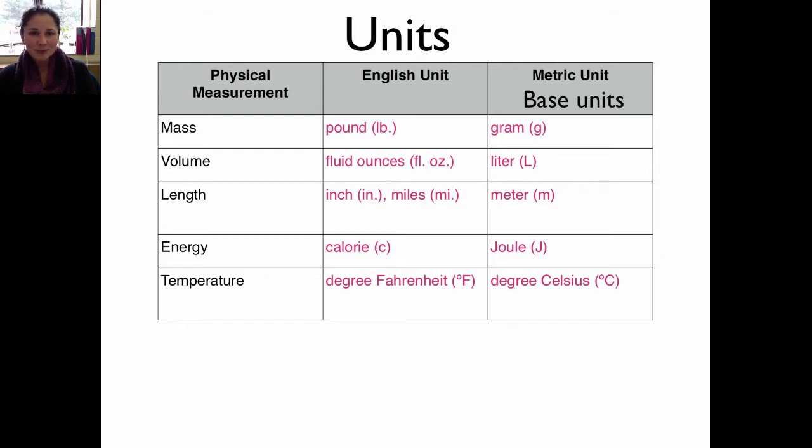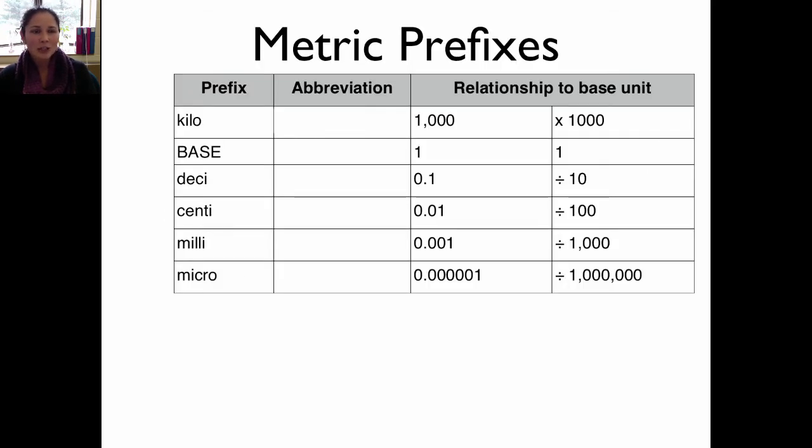For the next table, we're going to fill in the abbreviations based on the base unit, gram, meter, liter, or joule. So in this table, the base unit refers to these metric units that we just discussed on the previous page. Degrees Celsius is not usually used in the way that we're going to be talking about here, so we can just look at gram, meter, liter, and joule.